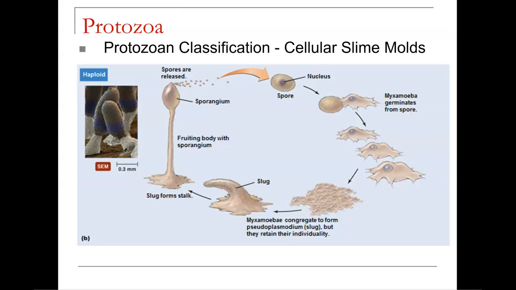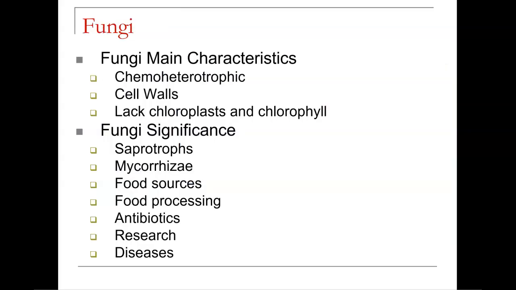These are going to be individuals that are going to be haploid myxamoebae. So the myxamoebae are going to look and act like unicellular amoebas, and they are going to phagocytize things like bacteria, yeast, dung, and decaying vegetation.